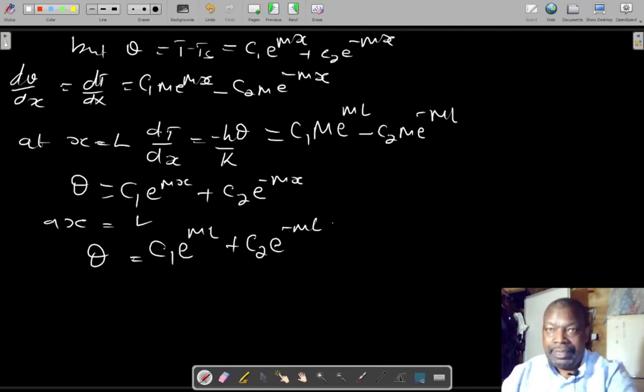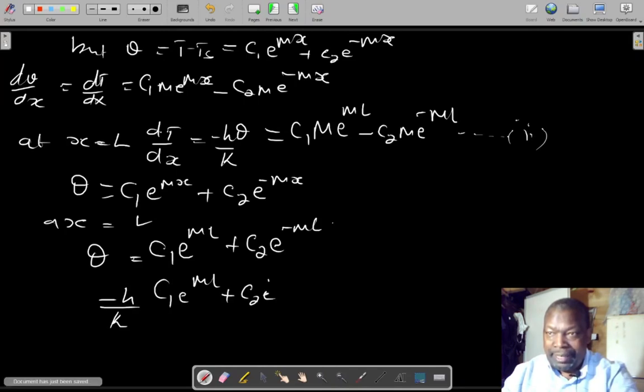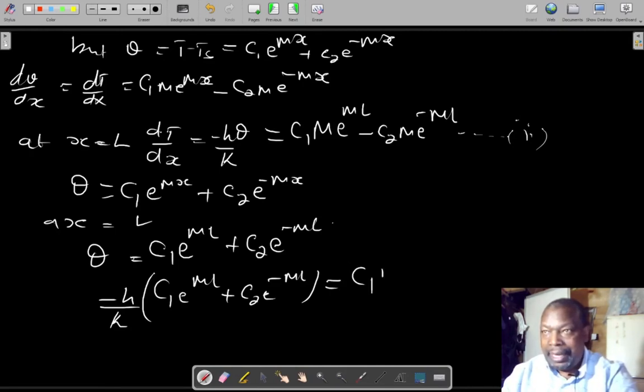So we can say that from equation 2, minus h over k theta, but now theta is C1 e^(mL) plus C2 e^(-mL), must be equal to C1 m e^(mL) minus C2 m e^(-mL).